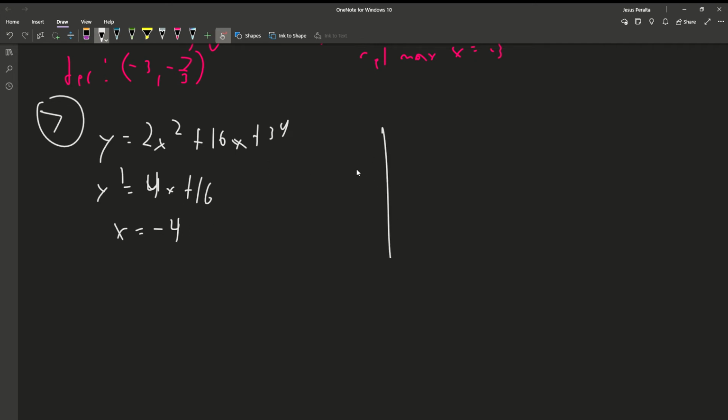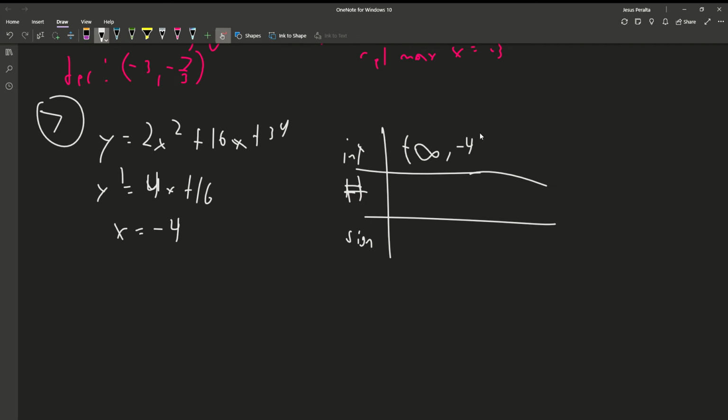Then we write the chart. Make it a little bit longer. We have interval, we have number, then we have sign down here. So then it would be from negative infinity to negative 4, and then from negative 4 to infinity.